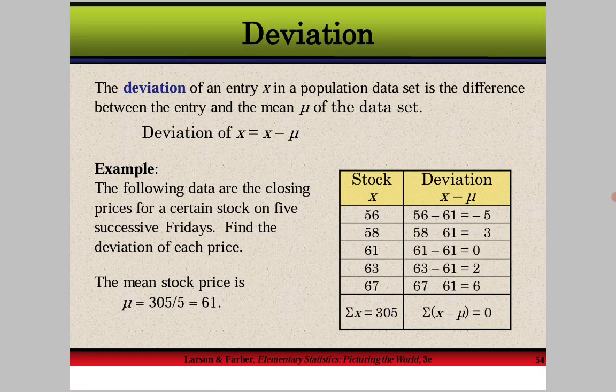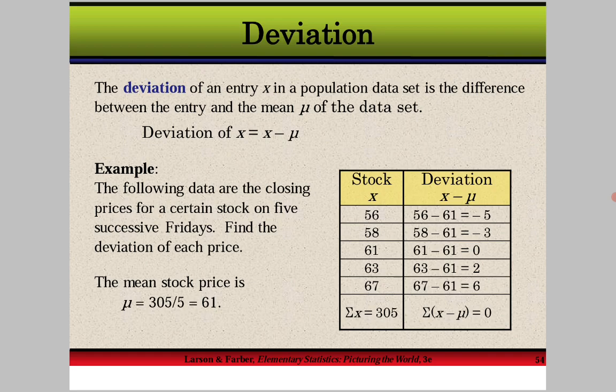Deviation. What is the meaning of deviation? Deviation means the distance of a data item from the center point, the mean, median or mode value. The deviation of an entry x in a population data set is the difference between the entry and the mean mu of the data set.